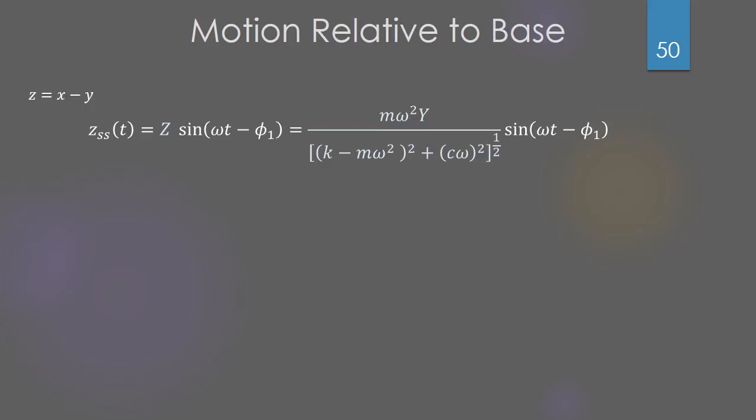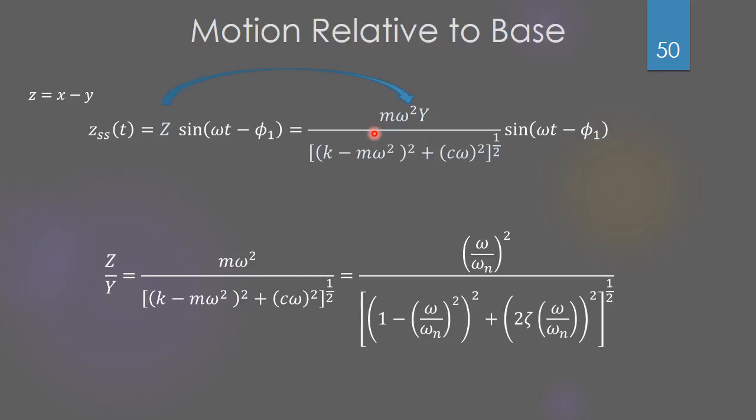Finally, we have the motion relative to base, which is the difference between x and y, and we call it z. And when we get the steady state solution for the z, it will equal Z, the amplitude, sine omega t minus the angle, while Z, the amplitude, will equal to this form here.